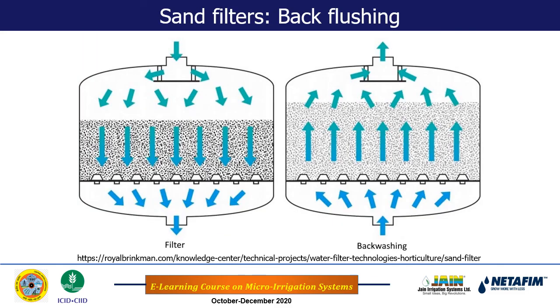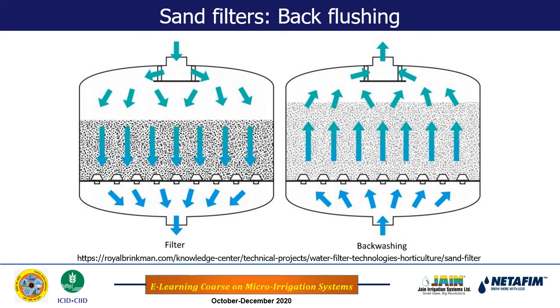Sand filters, if there are a lot of debris, need regular cleaning, and for that back flushing is done actually. In the first figure which I have already shown, this is the filtering process. In the filtering process, you see water is coming from the inlet and it is moving out from the outlet. In back flushing we do exactly the reverse. In case of back flushing, we allow water to pass through the outlet, as you see.